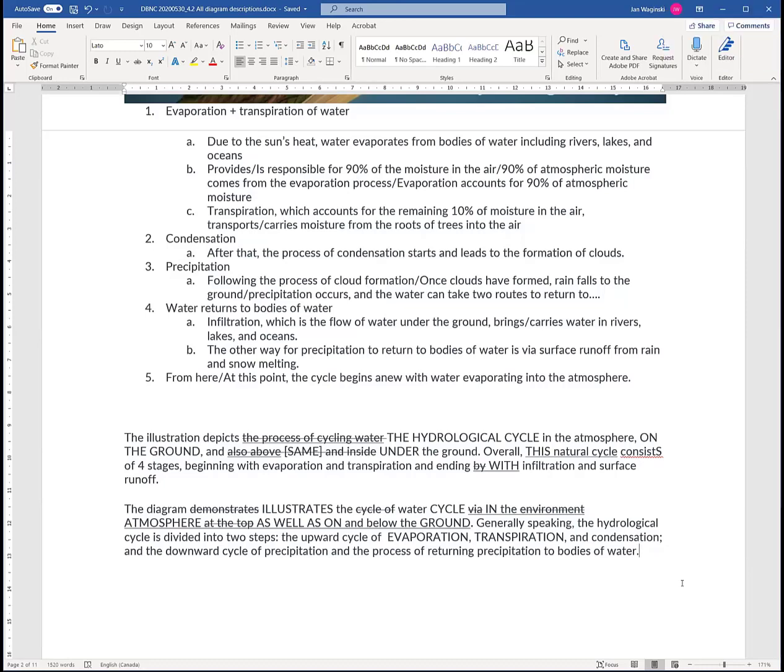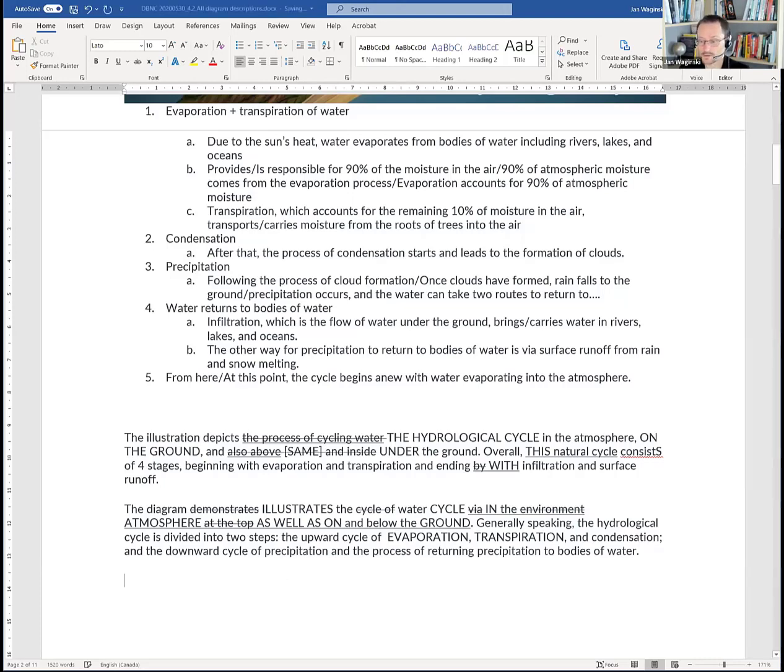Illustrates the water cycle in the atmosphere, as well as on and below the ground. Divided into two steps: the upward cycle of evaporation, transpiration, condensation, and the downward cycle of precipitation, and the process of returning precipitation to bodies of water.